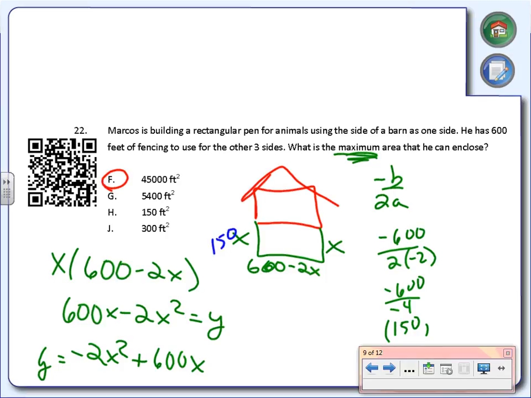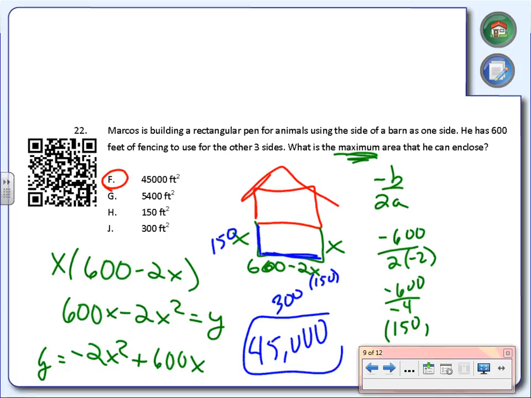And if that's 150, I put 150 here. 600 minus 2 times 150 ends up being 300. So this piece right here is 150. This piece over here is 300. And if I multiply those two numbers together, guess what I get? We get 45,000, you guys. That's the maximum area we can get if we use the dimensions of 150 and 300.